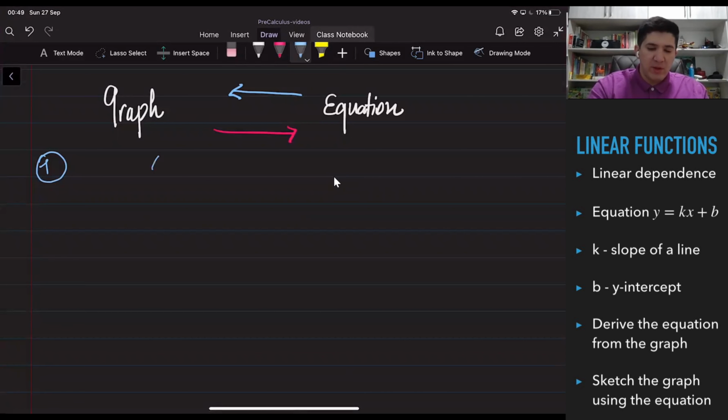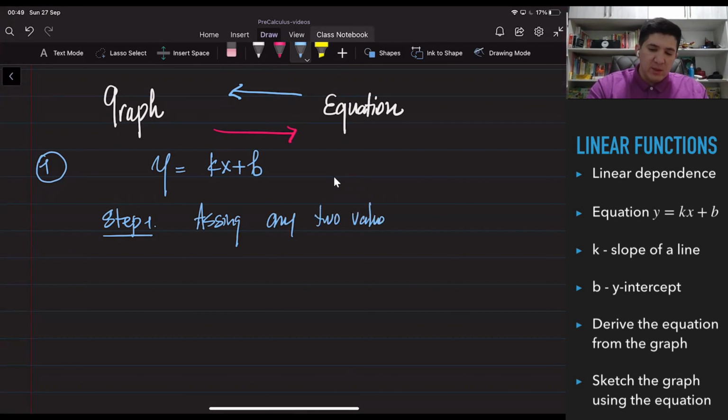For example, if you're given the equation y is equal to kx plus b, what you need to do, algorithmically, is step one: assign different values for x and find the values for y. Assign any two values for x.